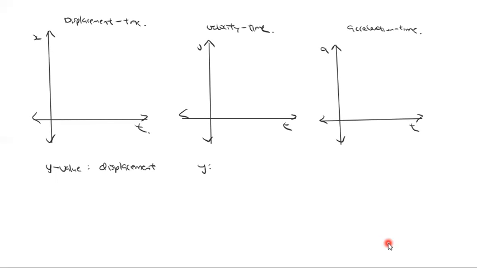And the y value is going to be velocity, and the y value is going to be acceleration. That much is obvious. But by definition, because velocity is the first derivative of displacement, that must mean the gradient must be velocity. And the gradient of this must be acceleration.